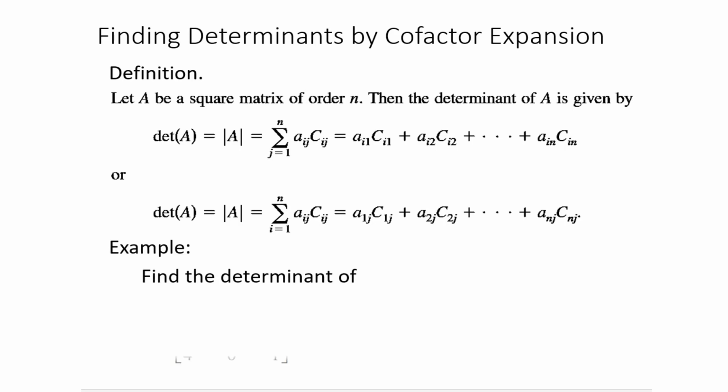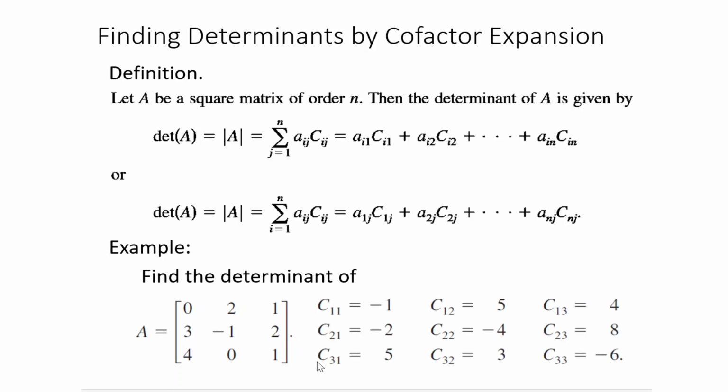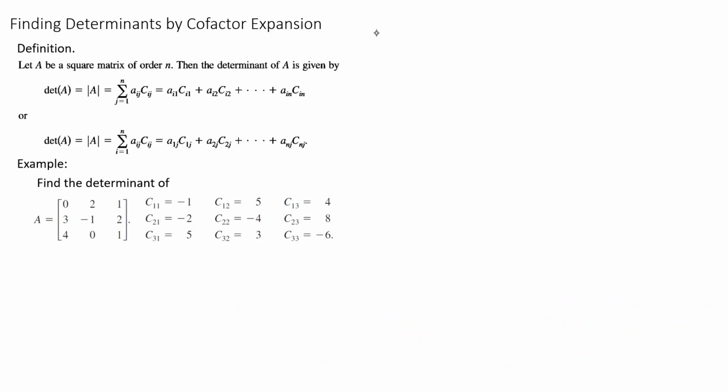To illustrate this, we have a given matrix A. Let us find its determinant. This is actually the matrix given in the previous example where we got the following cofactors. By the definition of a determinant, the determinant of A is equal to A sub 1, 1 times C sub 1, 1, plus A sub 1, 2 times C sub 1, 2, plus A sub 1, 3 times C sub 1, 3.